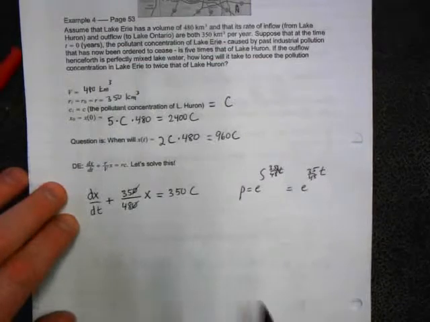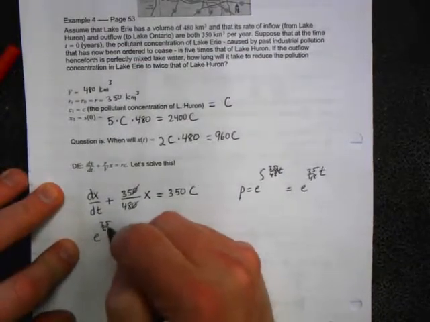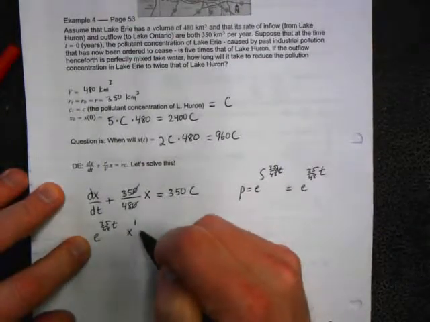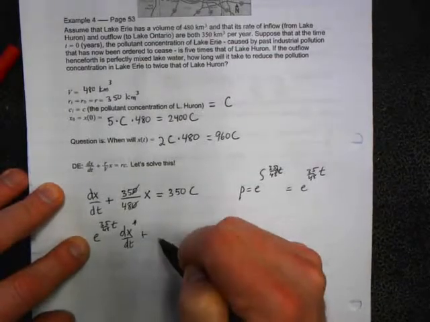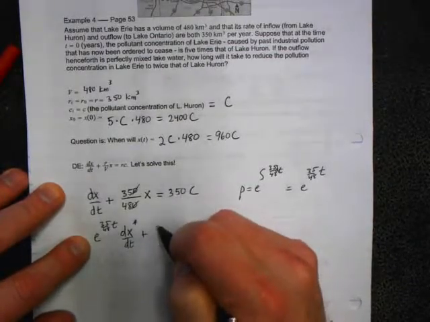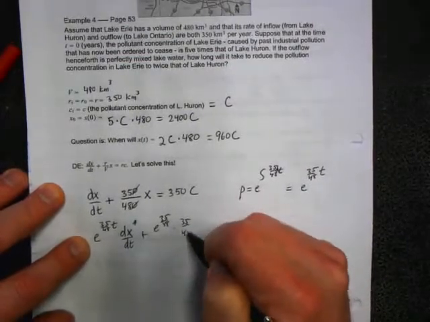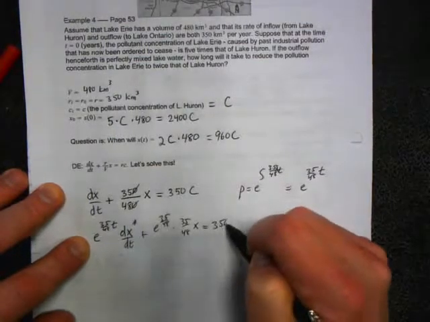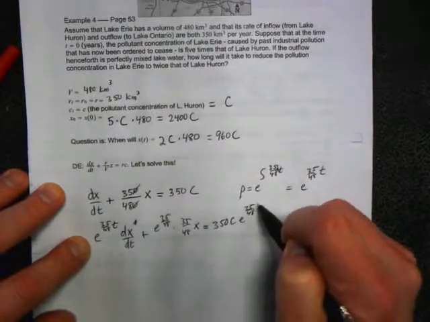So we multiply. We have e to the 35 over 48 t x prime. I'll leave it as dx/dt, I guess. Plus e to the 35 over 48 t times 35 over 48 x equals 350c times e to the 35 over 48 t.